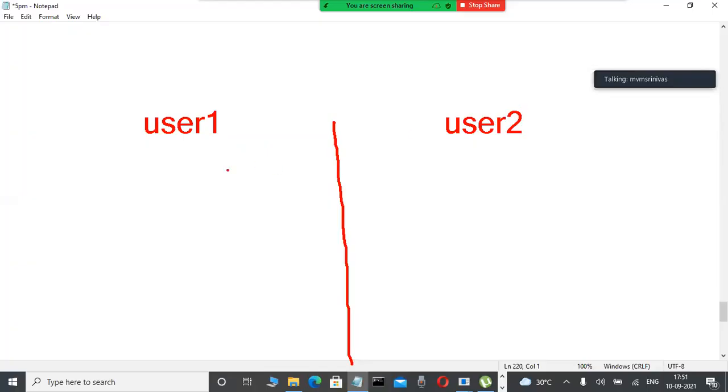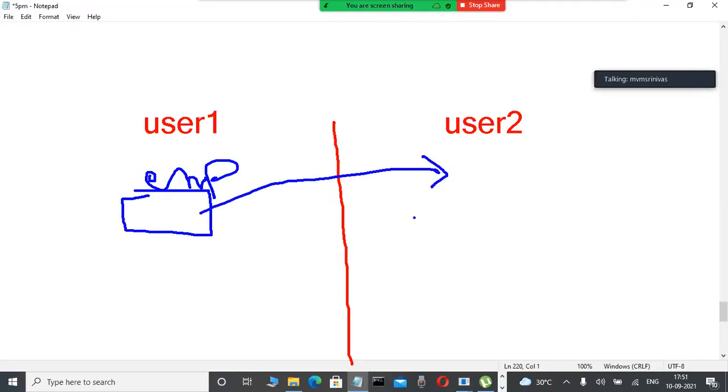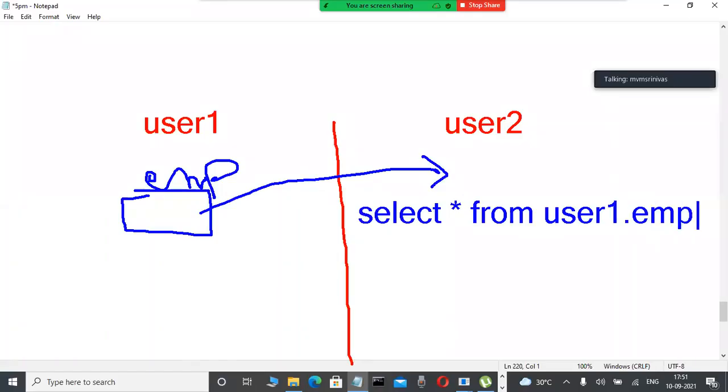Otherwise, it won't work. Suppose this EMP table is in user one. They give permission to user two. Then when this person accesses it with select star from, it is also compulsory to give the username. What is the username? User one dot EMP we are using. Suppose a procedure is there. I want to execute user one's procedure as user two, means exec user one dot procedure name.